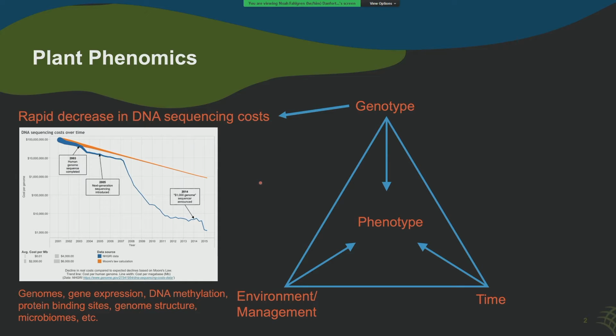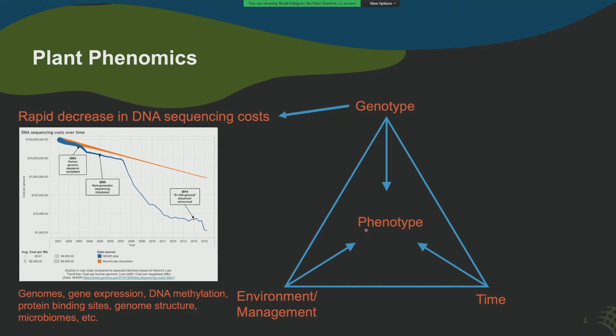And so with sequencing, we can now explore a wide variety of molecular properties of plants, genomes, gene expression, or the environment, like the composition of microbes in soil and things like that.